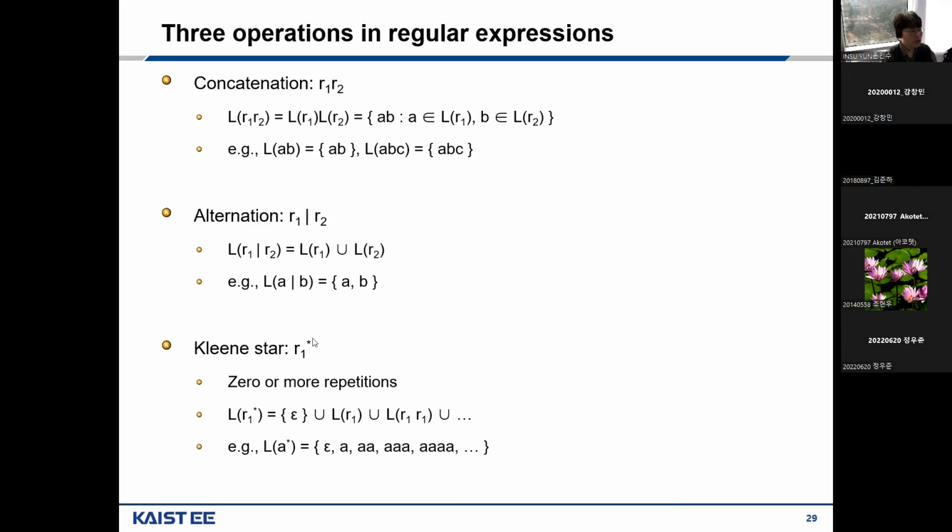And the Kleene star is marked with this asterisk. It means 0 or more repetitions of your regular expression.